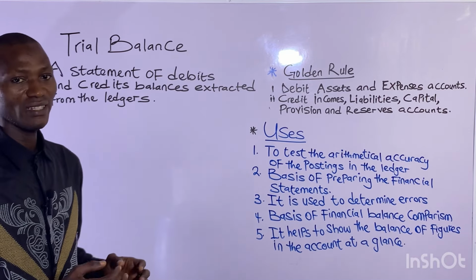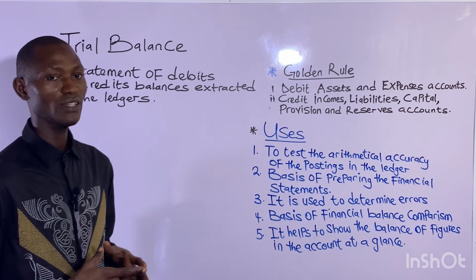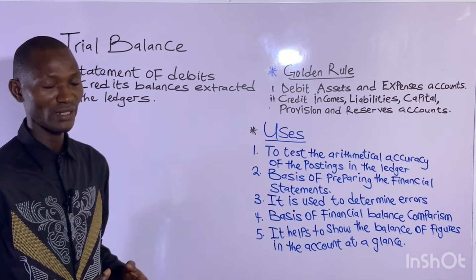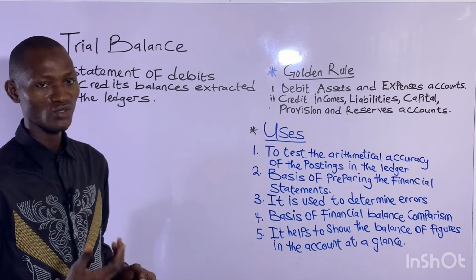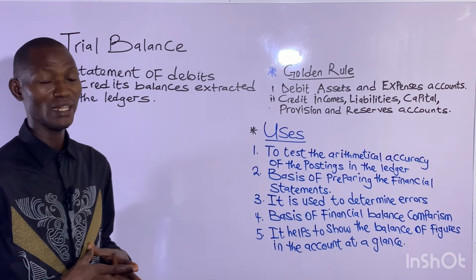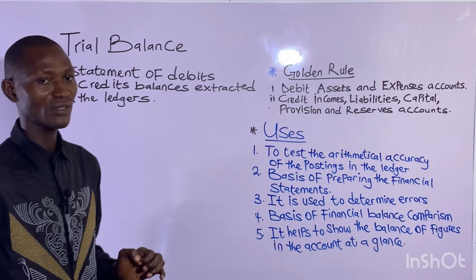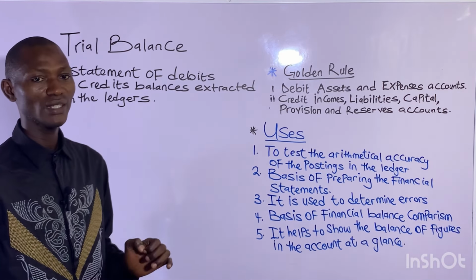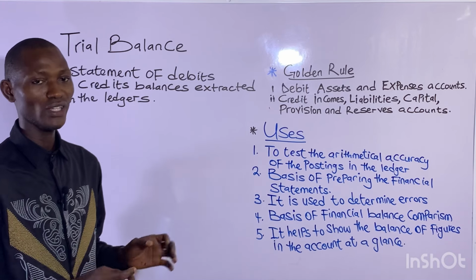Each time a recording is made in the ledger and you want to be sure those recordings are accurate or intact, then you will have to extract a trial balance. And when the trial balance is extracted and the two sides are equal, it means the arithmetical accuracy of the postings in the ledger has been checked or is intact.